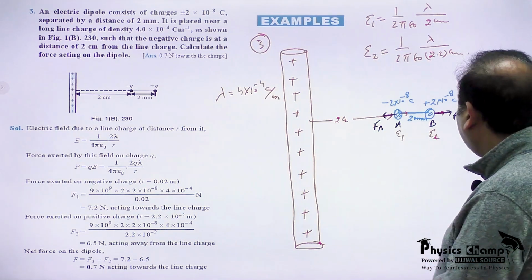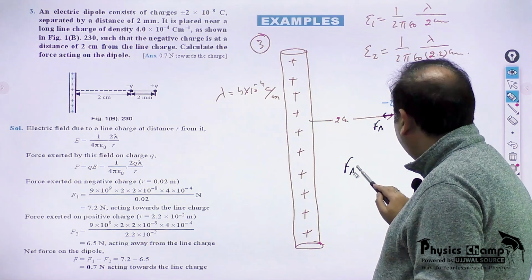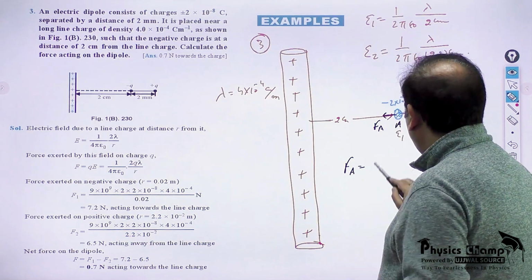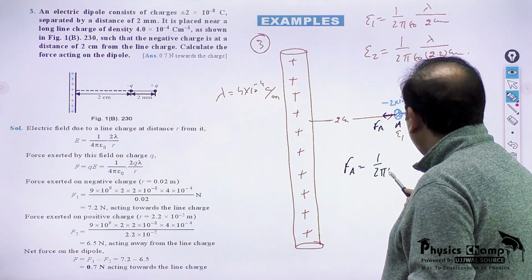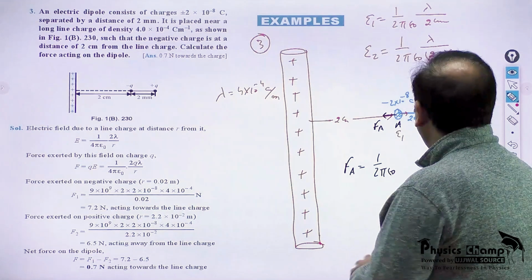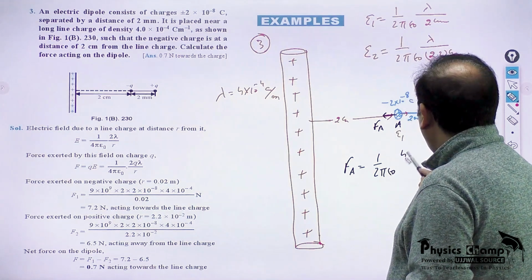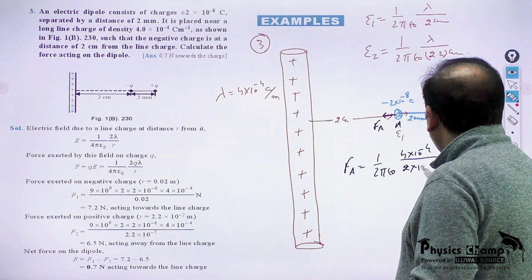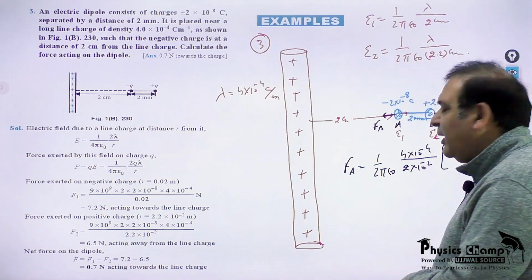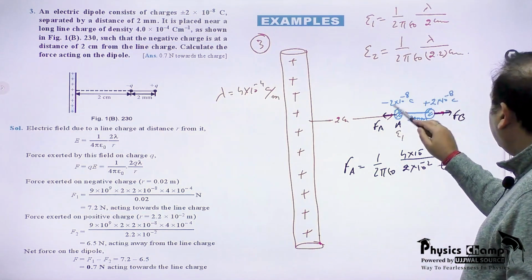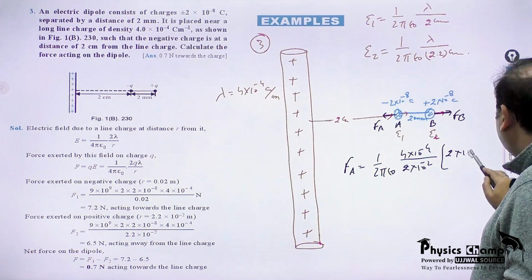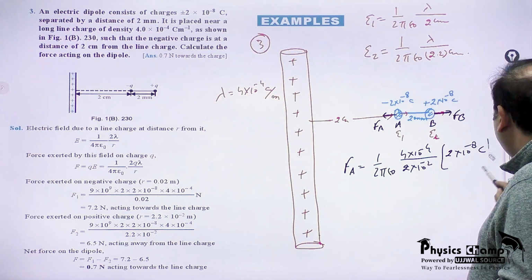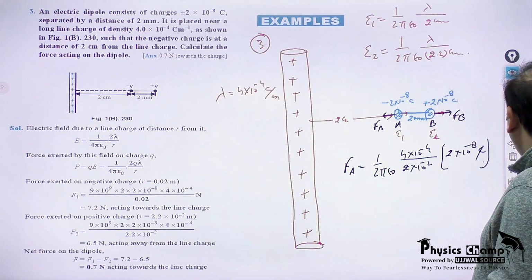So force on A will be 1 by 2 pi epsilon naught into lambda, 4 into 10 to the power minus 4, divided by 2 into 10 to the power minus 2. This is electric field, into 2 into 10 to the power minus 8 coulomb. I am not putting unit here.